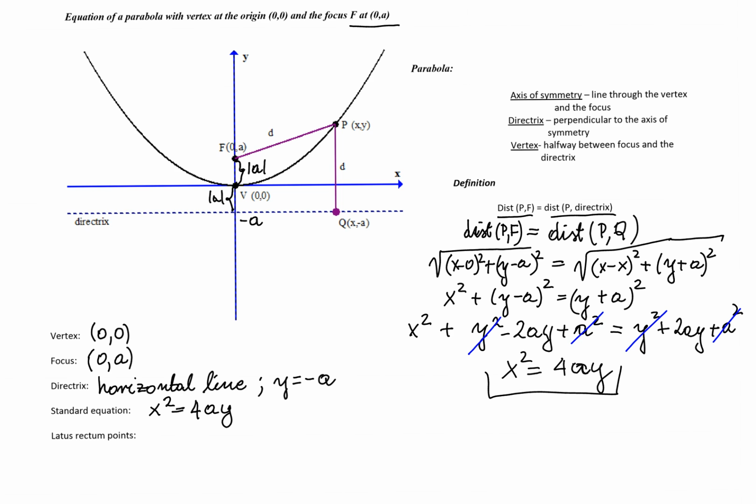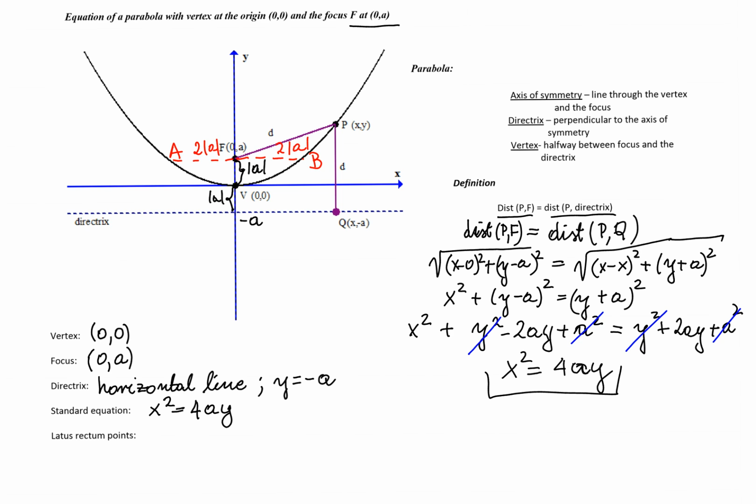And one last thing, the latus rectum segment, which helps us to graph a parabola. The latus rectum segment is the segment that is perpendicular to the axis of symmetry and goes through the focus. Let's say the endpoints are A and B. We know that the distance between the focus and the point A or B is twice the distance between the vertex and the focus.